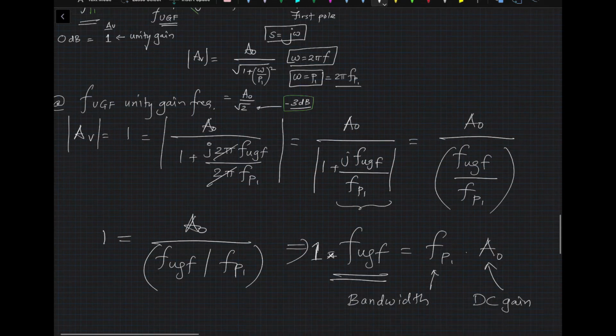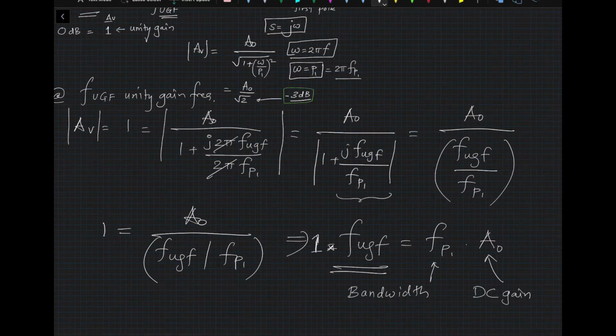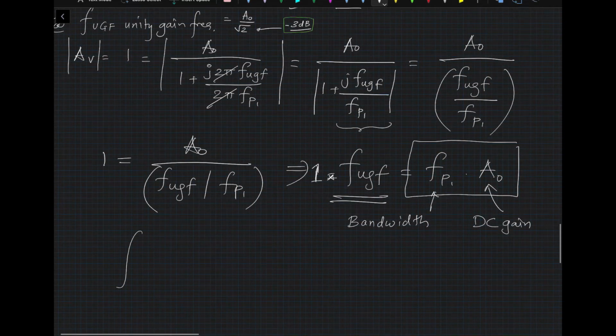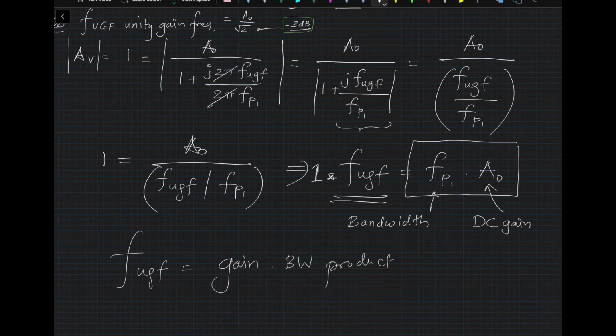So what this is telling you is that the gain bandwidth product of the amplifier is constant, and this is equal to FUGF. So FUGF is equal to the gain bandwidth product of the amplifier.